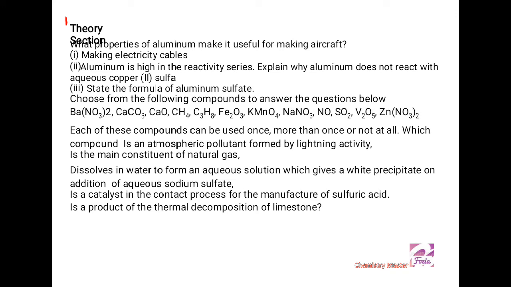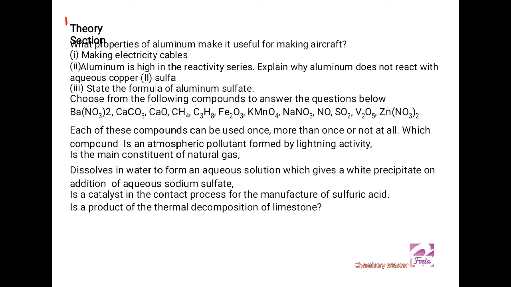So the light weight of aluminum makes it the best choice, because it is one third the weight of steel, and it is strong enough. It is also highly resistant to corrosion, so it is the best choice for making aircraft.